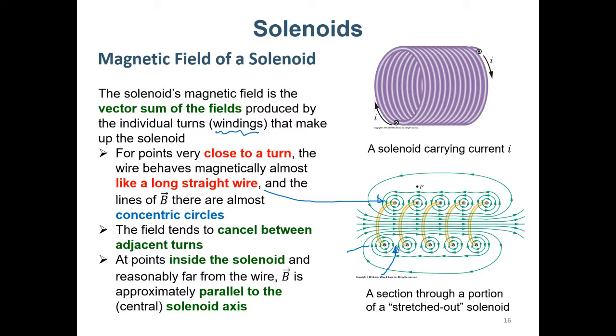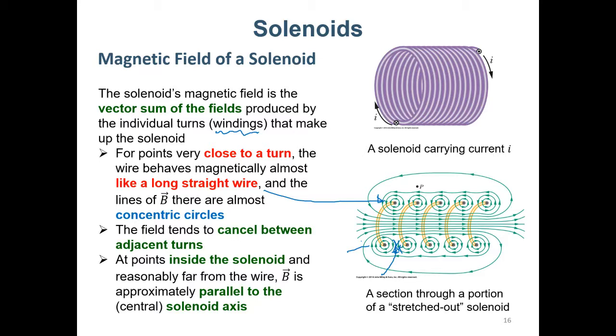And actually, at this point in the middle of the two wires, this one is pointing down and this one pointing up, and they cancel each other. So the point between every two wires will be very weak or even zero.